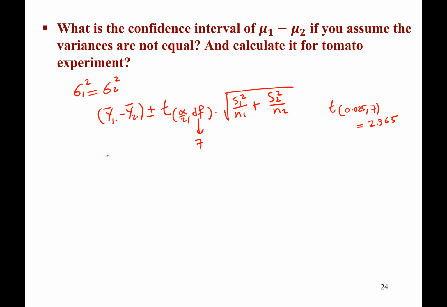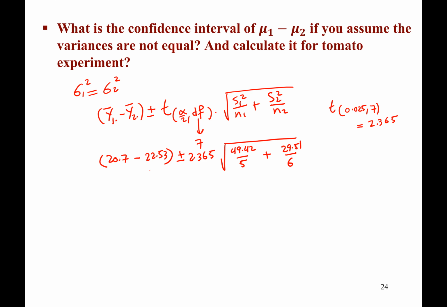y1 dot bar is 20.7 minus y2 dot bar 22.53, plus or minus the t value 2.365, times the square root of s1 square 49.42 divided by 5 plus s2 square 29.51 divided by 6.